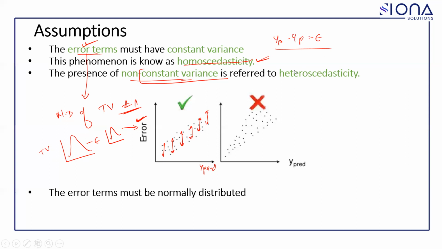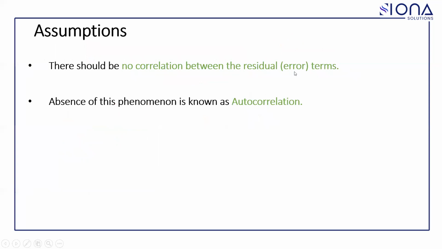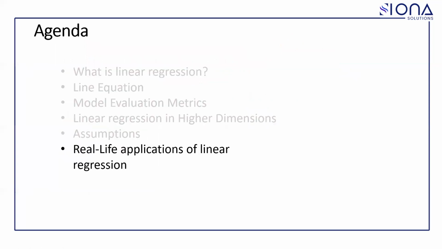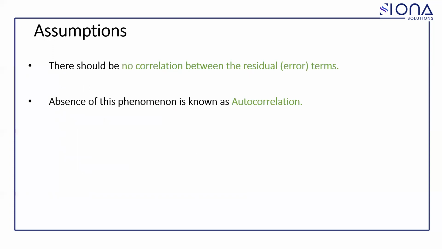Okay, coming to the fifth assumption. Now, this assumption is not very important for your linear regression, but this has something to do with time series. It says that there should be no correlation between residual error terms. This is called autocorrelation.